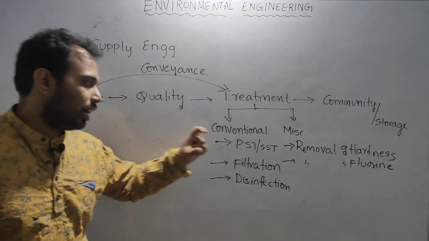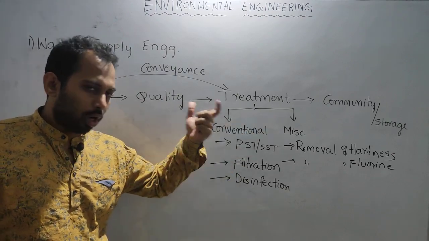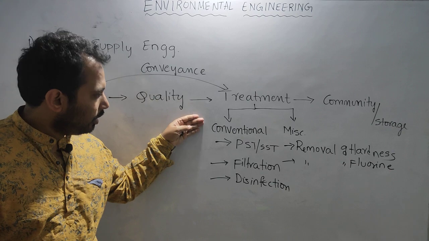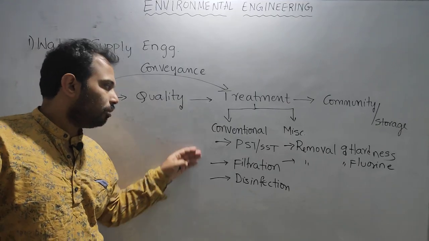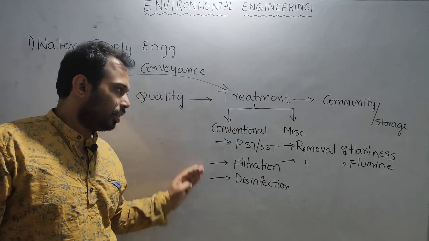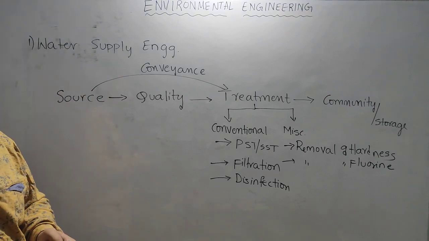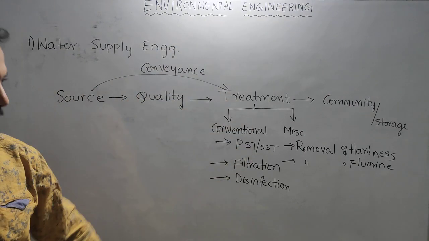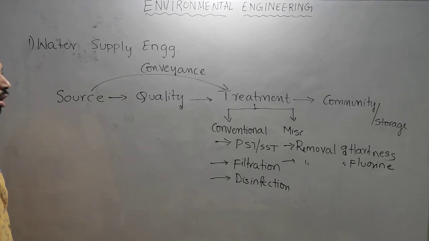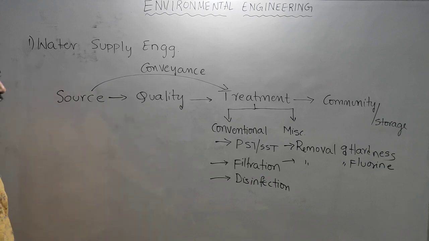They are area specific, regional specific, needed only for certain waters, but the conventional treatments are needed everywhere. So we need to provide conventional treatment as well as miscellaneous treatment whenever it is necessary, and then we will send the water to the community. This is a broader understanding of the supply chain of water supply engineering.